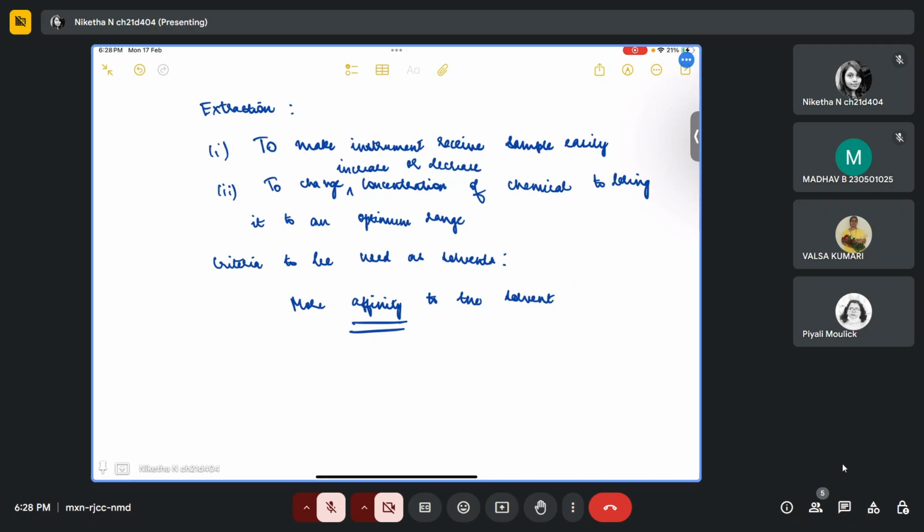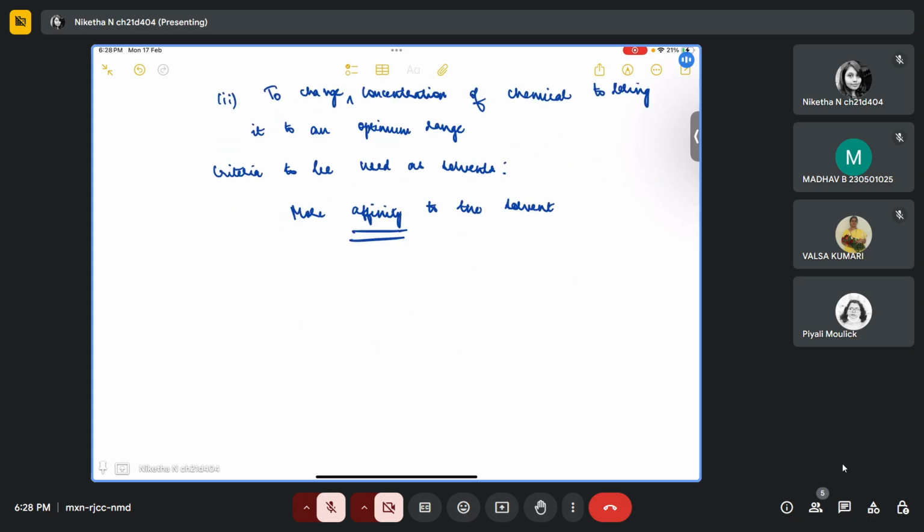In other words, what is another term for solubility? Not another word, but by affinity, we mean to have a higher partition constant or partition coefficient.